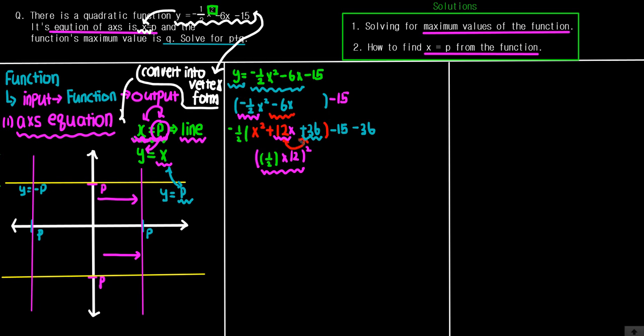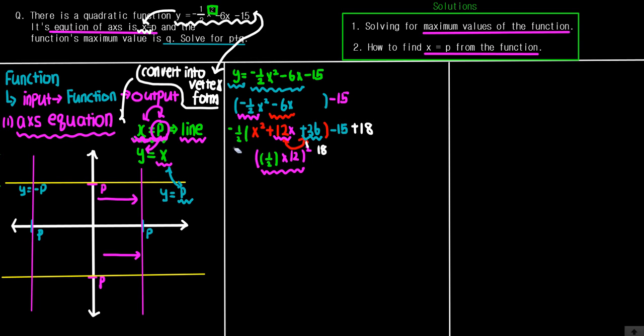But we can think about it this way. When you distribute, using the distributive property, 1 over 2 times 36 will turn into 18, which means we don't really have to add negative 36. The only thing we need to do is add 18.